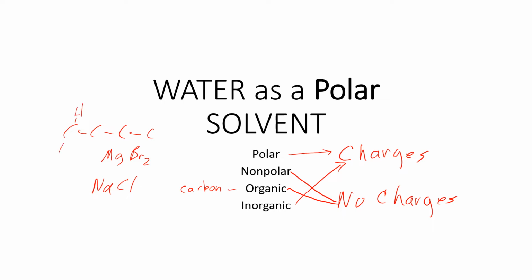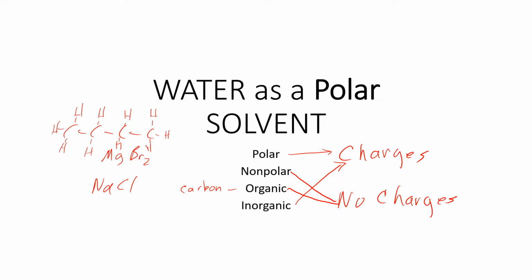I mean, the carbon sharing to carbons on either side of it, and all of them are sharing to some hydrogens around it. There's no differences in those. They're all sharing pretty much the same. They don't have any charges. They're nonpolar. Okay, so you learned some of these things already.